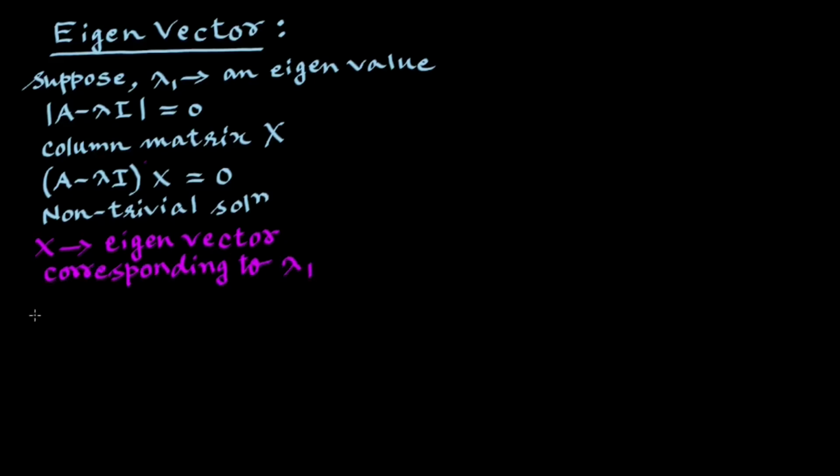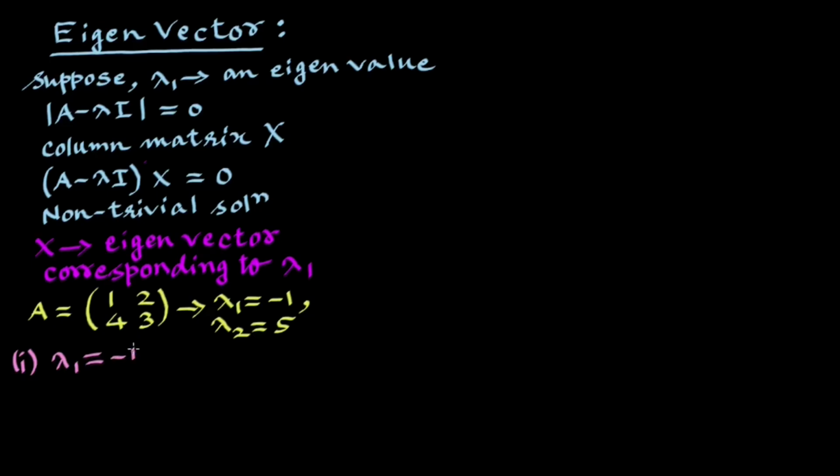In the present case, matrix A is 1, 2, 4, 3 and eigenvalues lambda 1 is minus 1 and lambda 2 is 5. Now we will find out eigenvector for each eigenvalue. So first, eigenvector for lambda 1 equals minus 1.